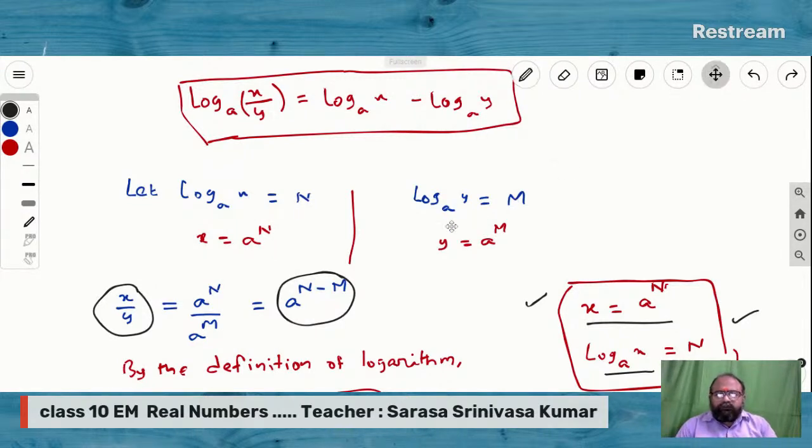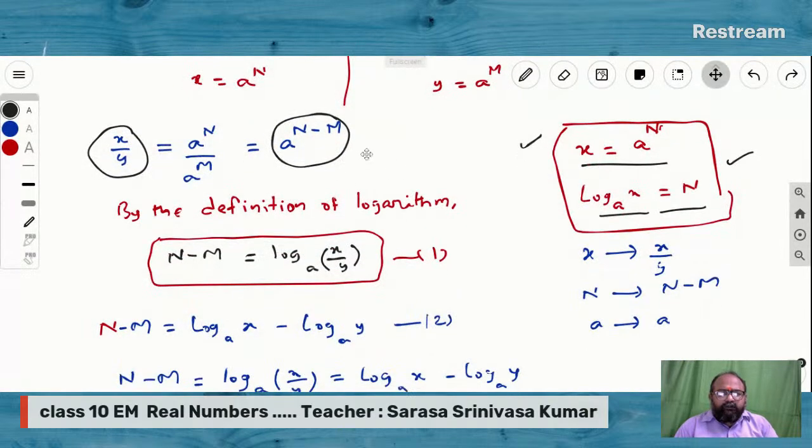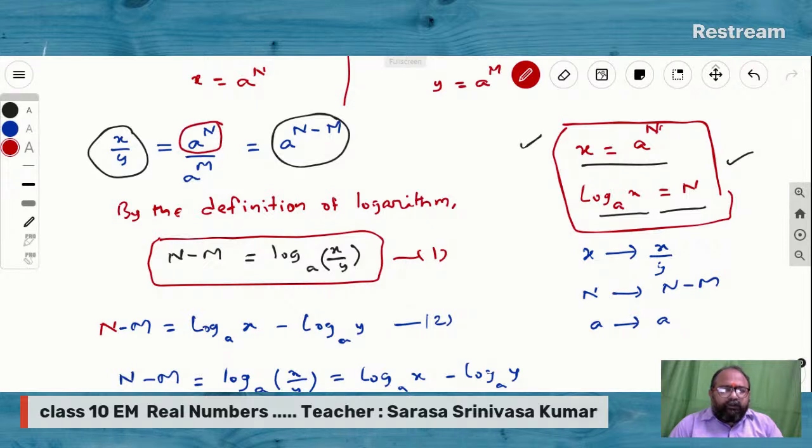Now, we consider x by y. When we consider x by y, in place of x we can write a power n, and in place of y we can write a power m.